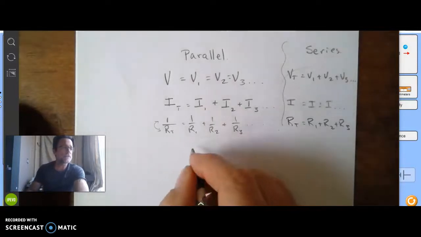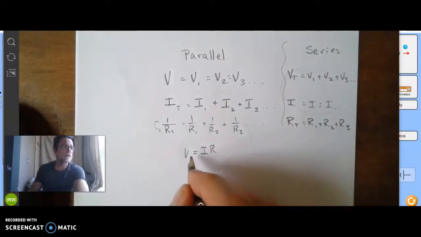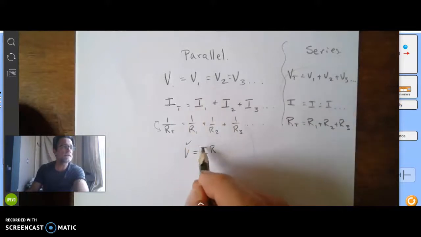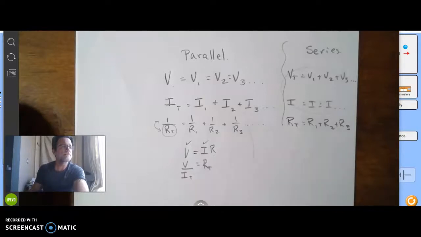Fortunately, we can find out R through using Ohm's law. So if we had the voltage and we had the total current, we would be able to solve for RT. Okay, so we end up saying RT is equal to the voltage divided by IT.